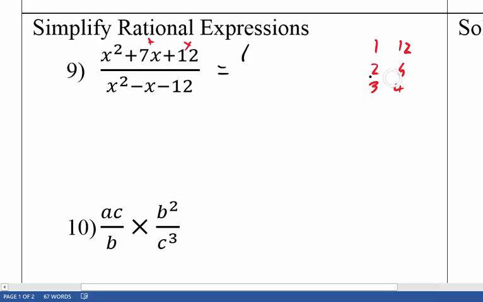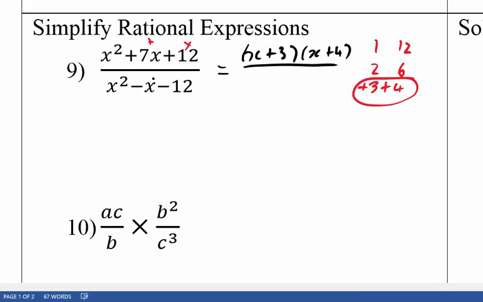Which ones of these add to 7? It is these two here, and they must both be positive to do that. So it's going to be x plus 4, plus 3, sorry, and then x plus 4. All over, we've got to factorise again, adding to that number there, times into that number there.